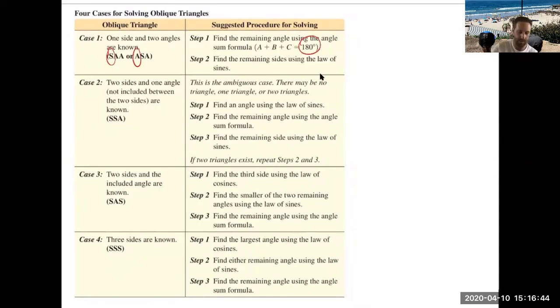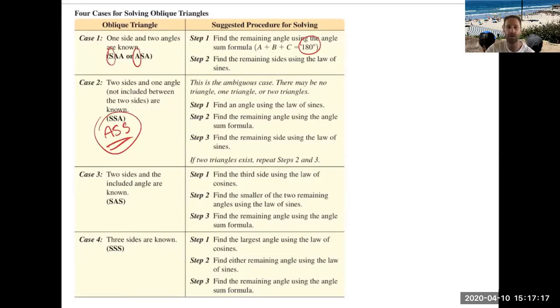Case 2 was that really special case, which I wrote the other direction, just to remind you, hey, whenever you have angle side side, you don't want it to look like one of these. Make sure that you check for that ambiguous case. And when that happens, remember, you don't have to do anything special. You don't have to memorize a bunch of stuff. The key to this is just knowing, can I actually make another triangle? So find the angle.